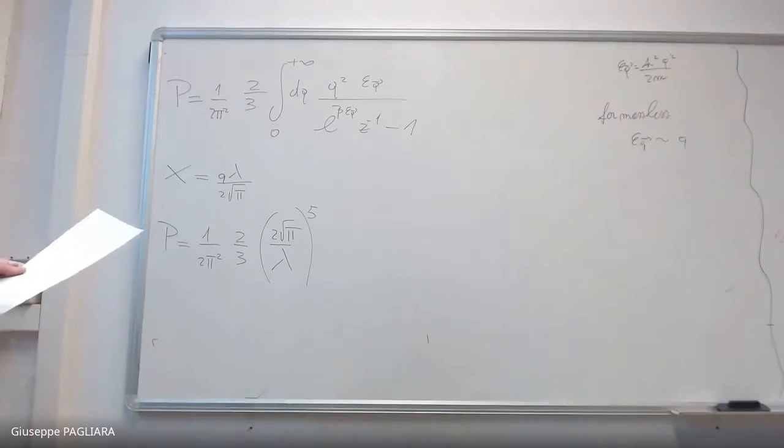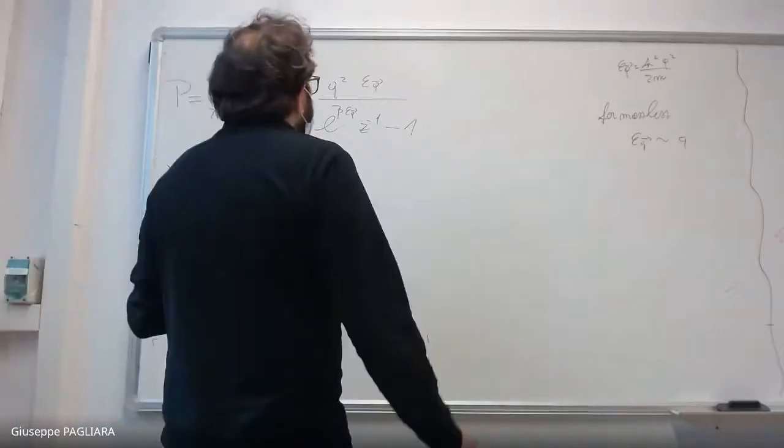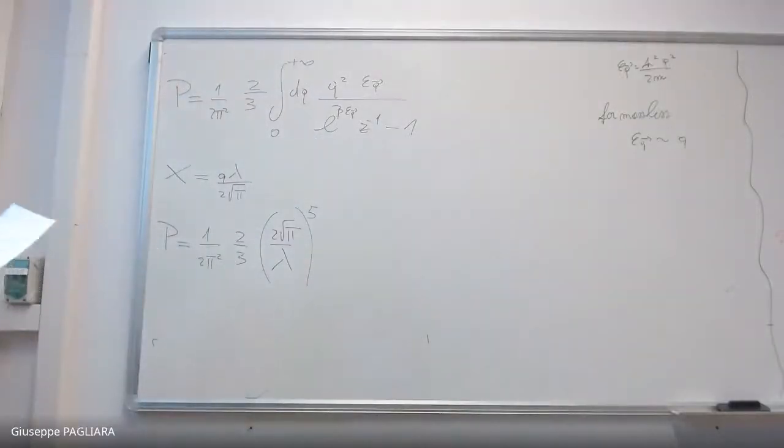But then I have to consider that I have an additional factor there, which comes from the relation between beta and q.